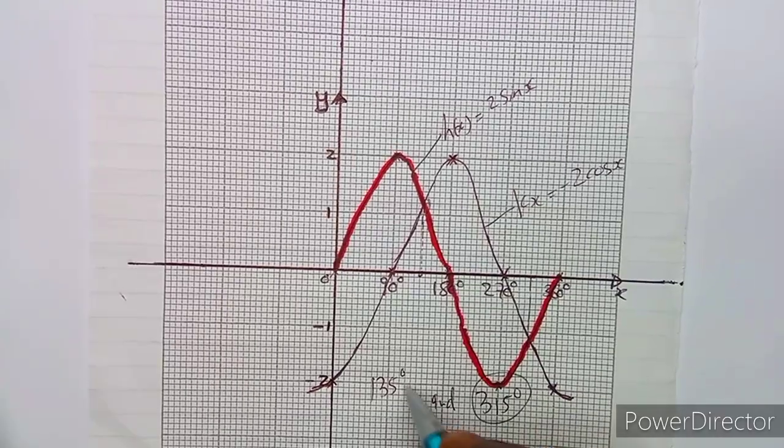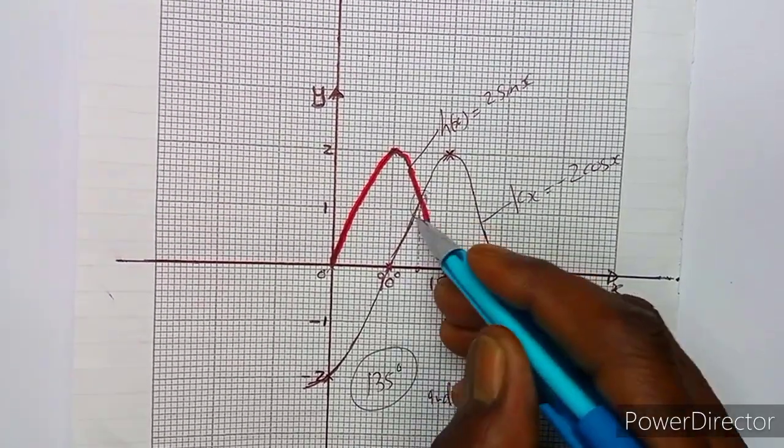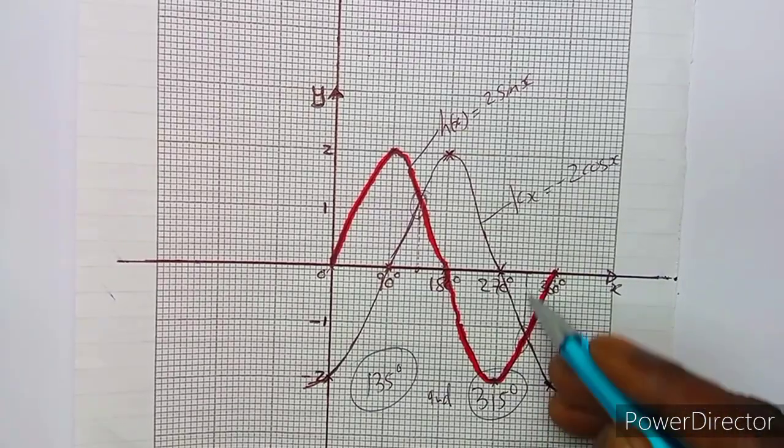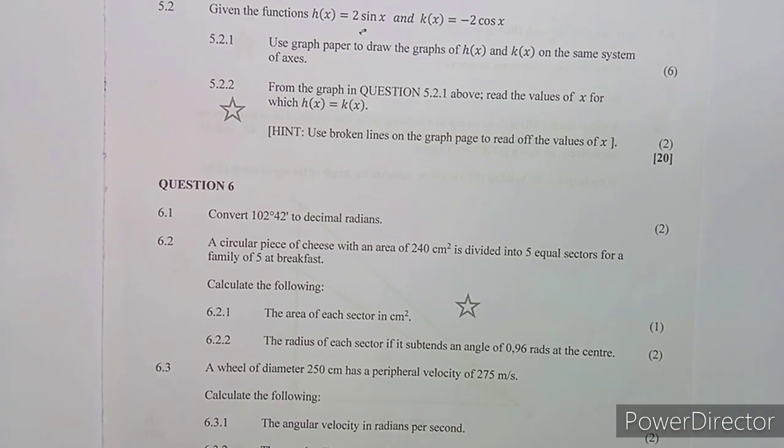So these are the points of intersection that we have when these two are equal. That is where they are equal. So you sometimes analyze with the graph that you are given. That's the concept that we had.